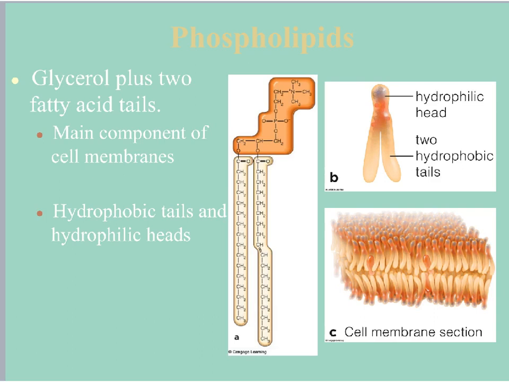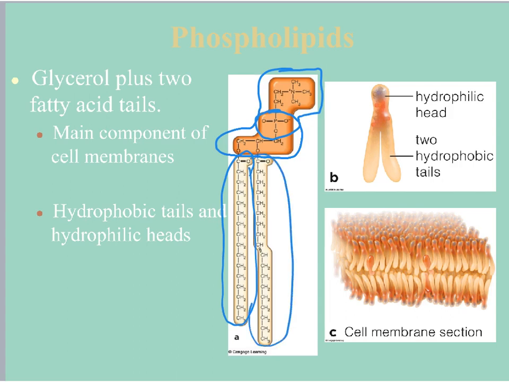Phospholipids are a type of lipid, but they now have a slightly different construction. You can see that the glycerol molecule is shaped a little bit differently. There's a phosphate group here, and then with phospholipids there are only two fatty acid tails. So you've got these two fatty acid tails here.